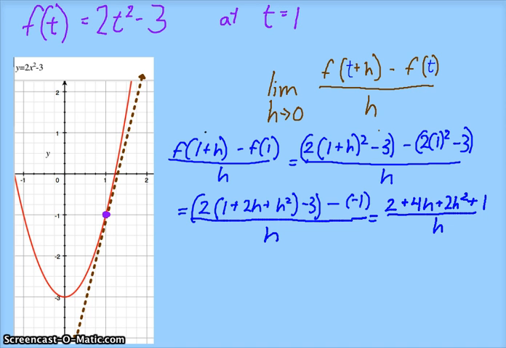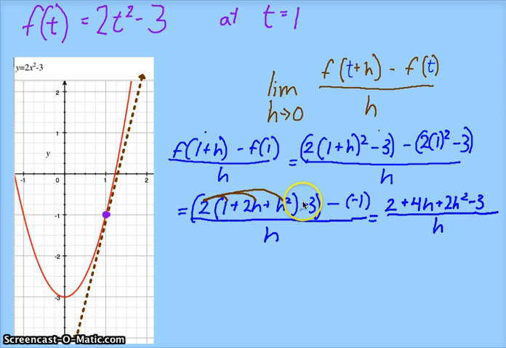So far, so good. If you're wondering what I did here, 2 plus 4h plus 2h squared, oops, I forgot my minus 3. That's not good. So again, a good lesson: always check your work and make sure that you know what's going on here.